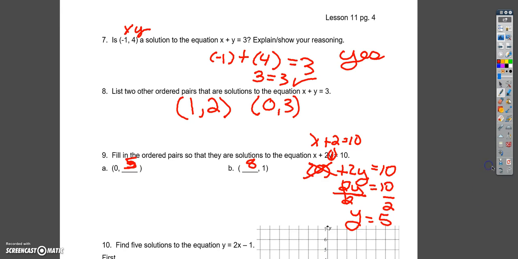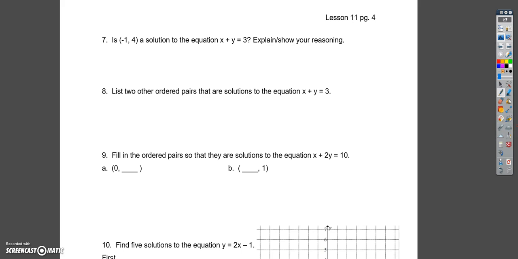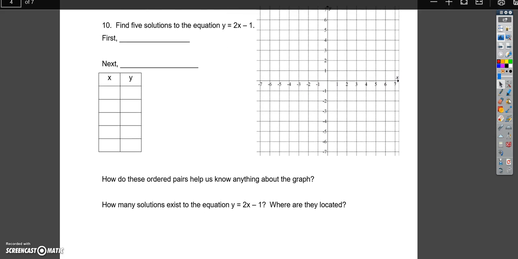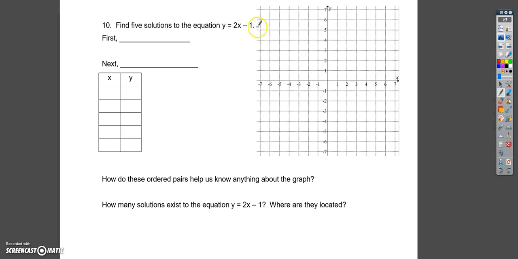If you have questions, write them down, and we will get to them during class. It says find 5 solutions to the equation y equals 2x minus 1.